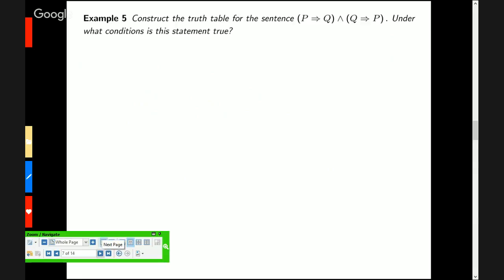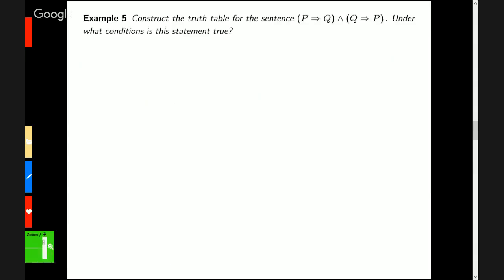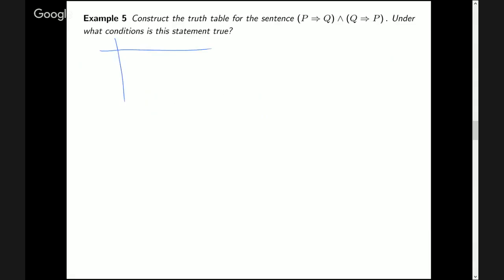Okay, construct the truth table for the sentence P implies Q and Q implies P. So this is going to be true, true, false, false, then true, false, true, false. P implies Q, what's that going to be? True implies true. True implies false.